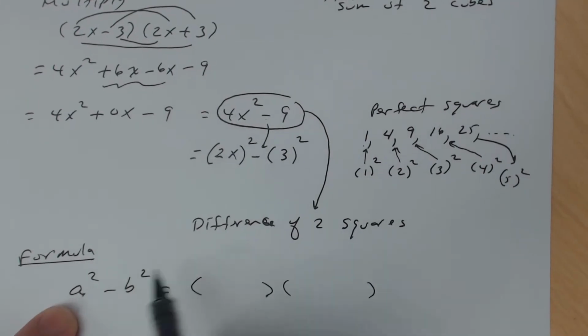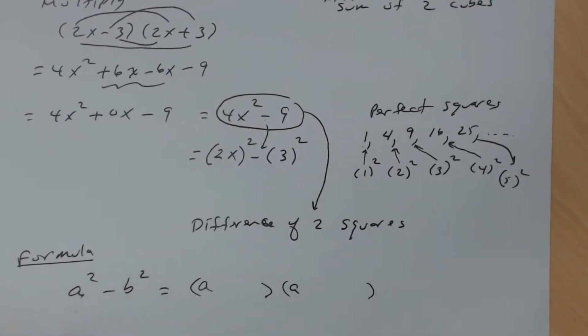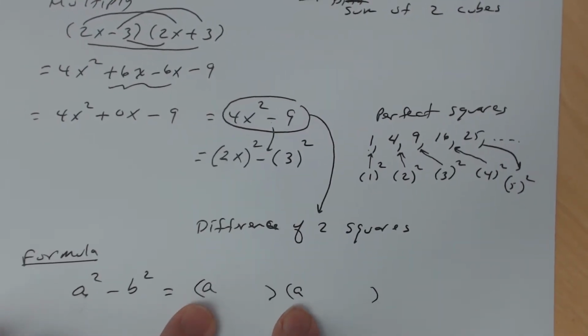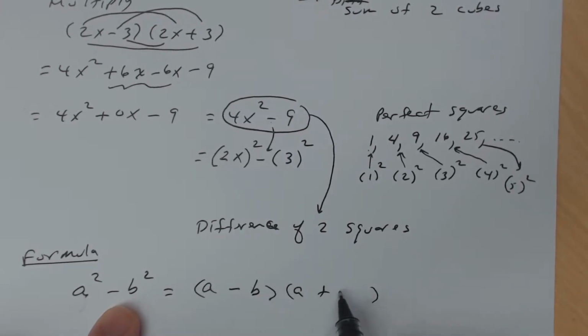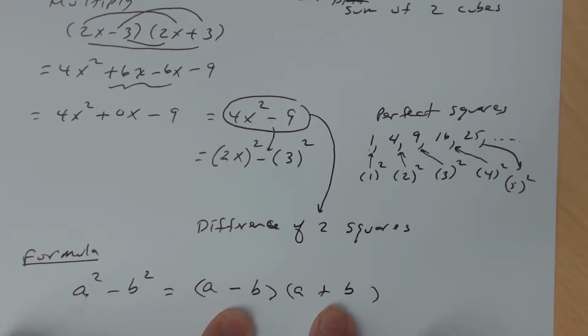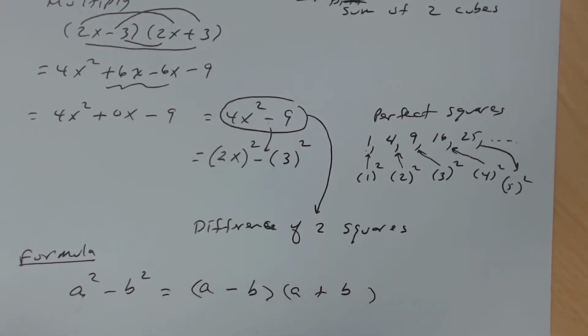So see where I have that a times a, just think of the FOIL method. First times first, a times a is a squared. And then remember, I want my last to be a negative b squared. The only way that can happen is if I say a minus b and a plus b. Because think, a minus b times a plus b is a squared minus b squared.